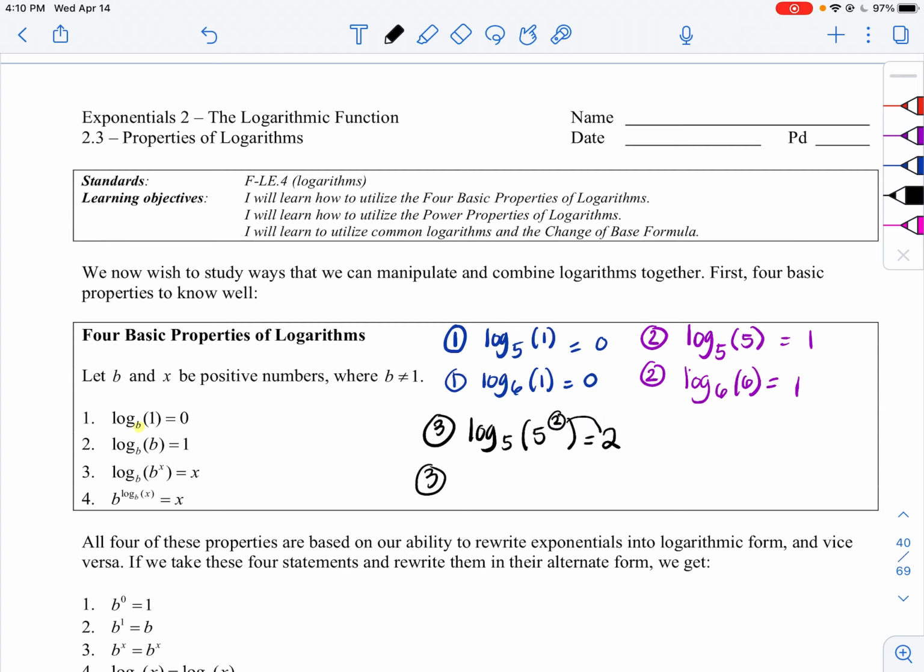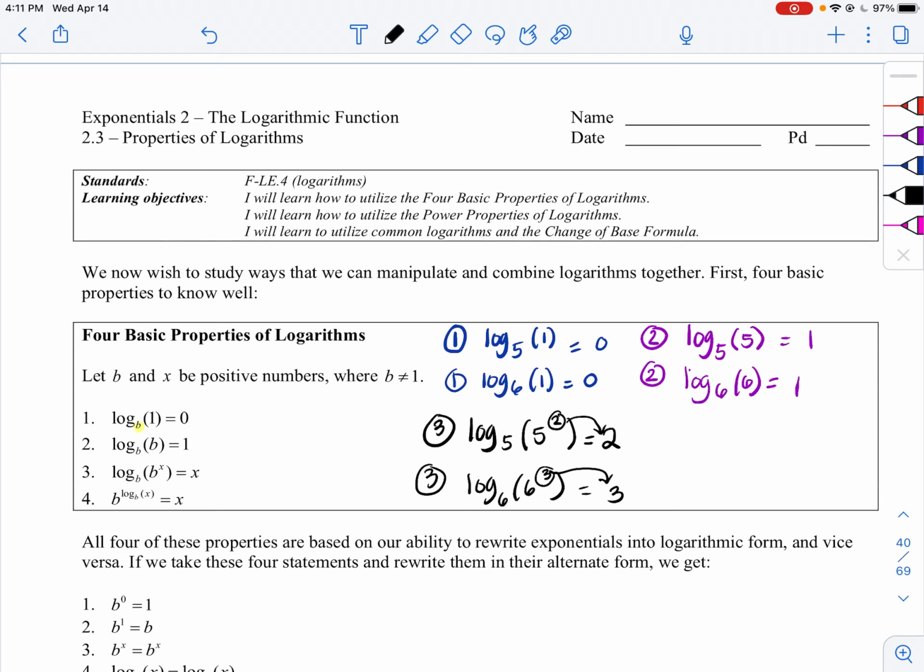Still on property number 3, if you have log with a base of 6 to the power of, let's say, 3, then the answer is the exponent, which is a 3. And that is your property number 3.